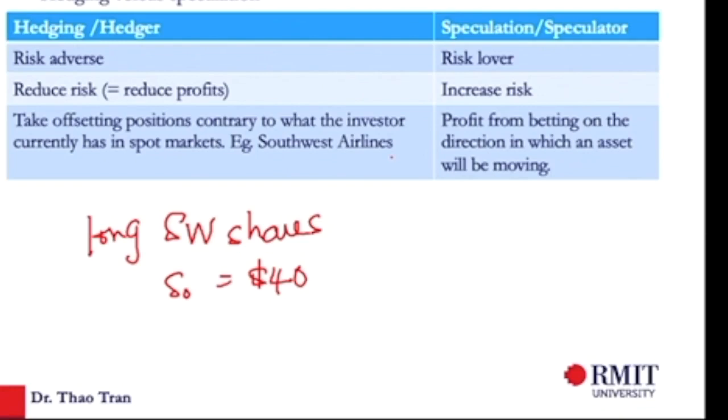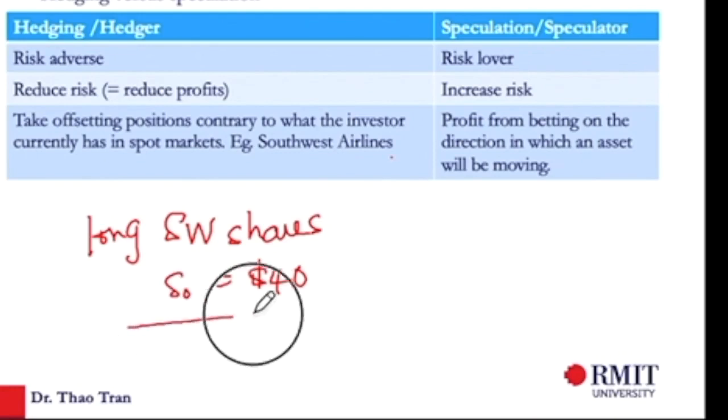Although you believe in the company for the long run, you're very worried about the short-term losses in the airline industry due to the travel restrictions since the COVID pandemic. Shares in the airline industry have been especially hard hit because of the travel bans around the world. To protect yourself from a fall in the Southwest Airlines shares, you can take the opposite position to what you have in the spot market.